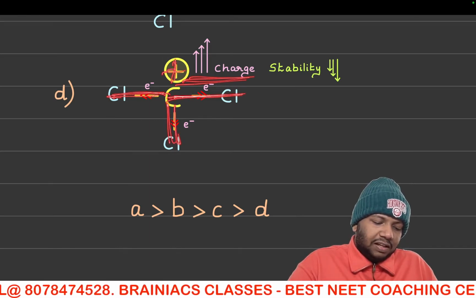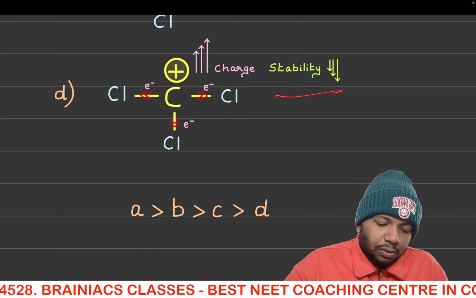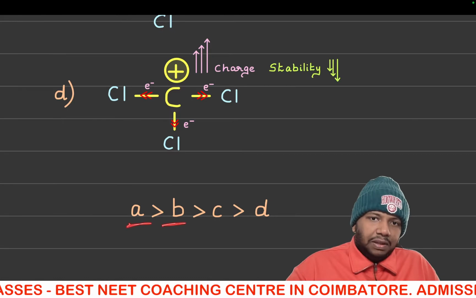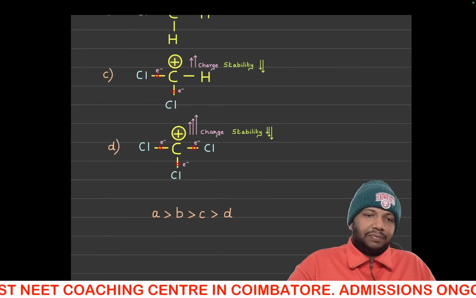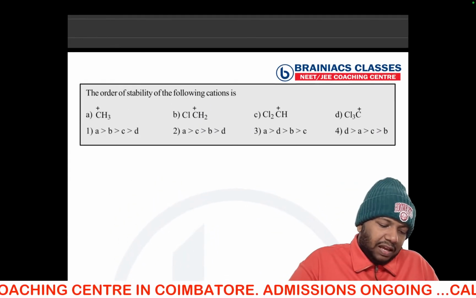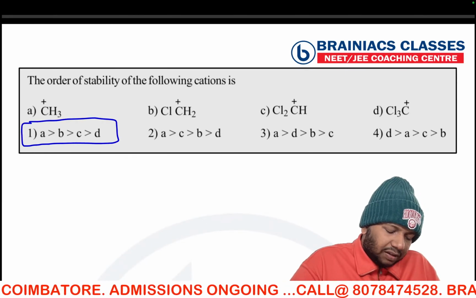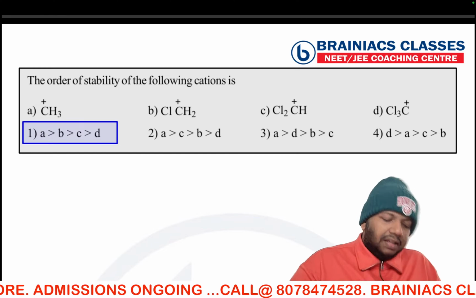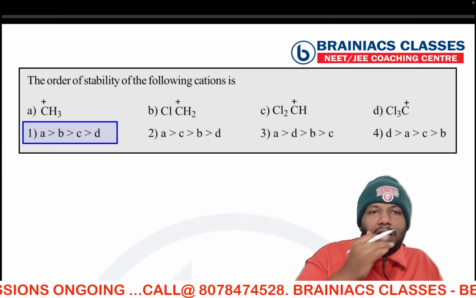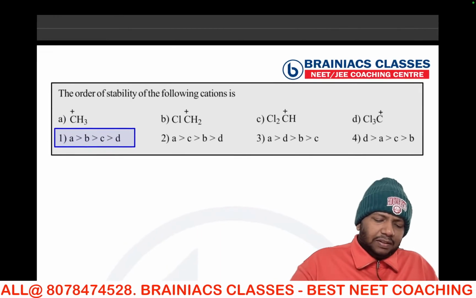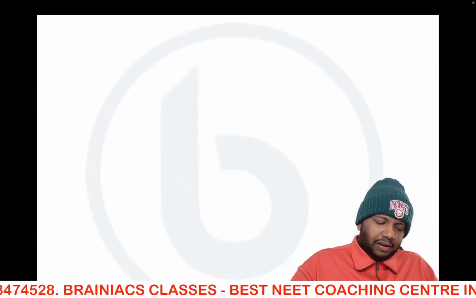The positive charge is increasing here, so stability would decrease very fast. So I can say the most stable one is A, then B, then C, then comes D. So my answer would be A greater than B greater than C greater than D. This would be my correct answer. So with the inductive effect, I am trying to get the correct answer. Clear? I hope it is clear for you, right?